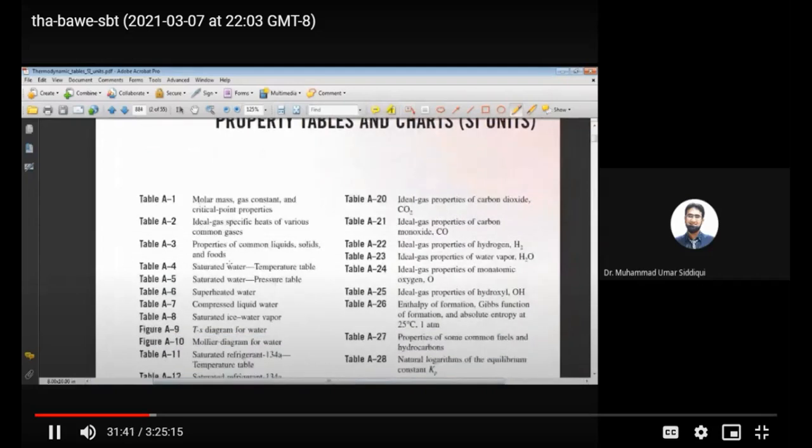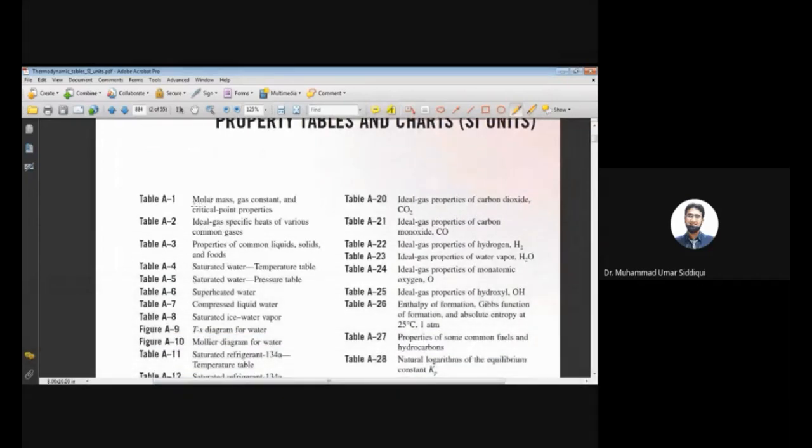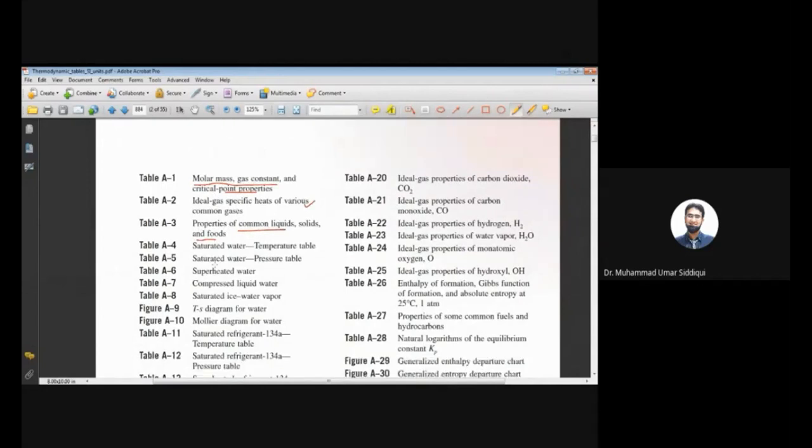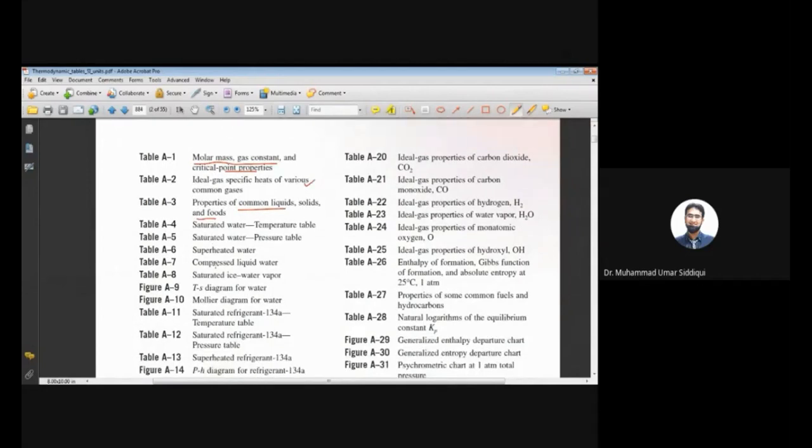Okay, so we have table A1. Table A1 is about the molar mass, gas constants, and critical point properties. We're going to look into it. A2 is about the ideal gas specific heats. A3 is about the properties of common fluids, solids, and foods. From A4 onward, we start with the main tables.